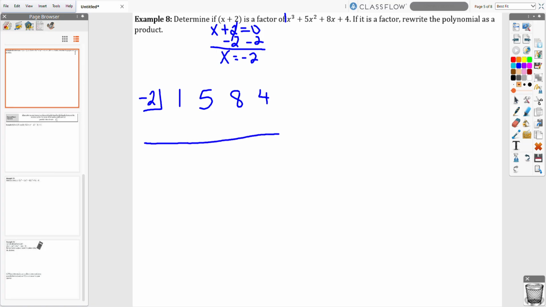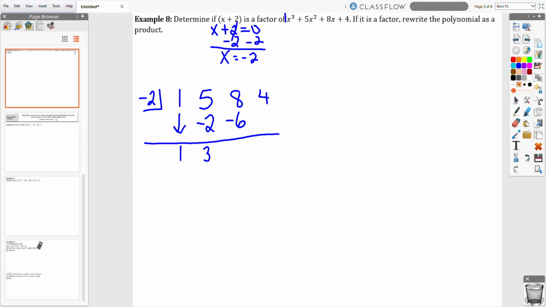So to do your synthetic division, remember to drop down the first coefficient under the line, then you multiply the number under the line by that number in the box, that -2, and you write it underneath the next coefficient, and then you add straight down. So 5 plus -2 is 3. Once it's under the line, we multiply it by the number in the box, -2, so we get -6, and we write it underneath the next coefficient.